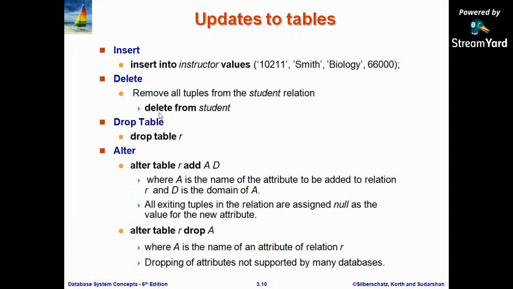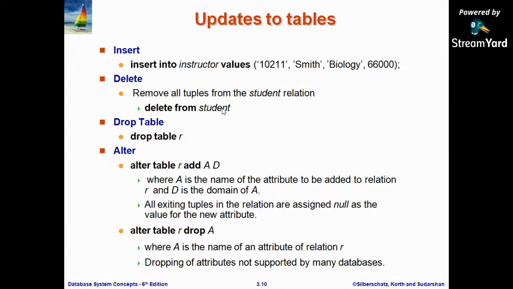Now if you want to remove all the tuples from the relation, you can use the command delete from student. It is going to delete all the rows from the student. Deleting a row does not mean that the table does not exist. You are only removing the data, but the structure of the table exists.